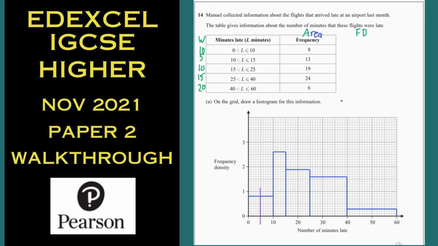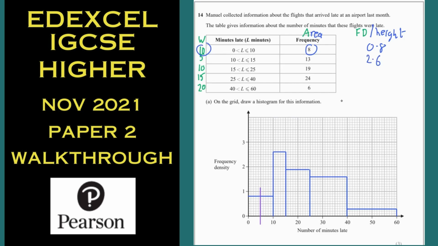I always make a note of the widths because ultimately histograms are just areas of rectangles. To find the frequency densities, which I always refer to as height, area divided by width gives you the height you need to draw.